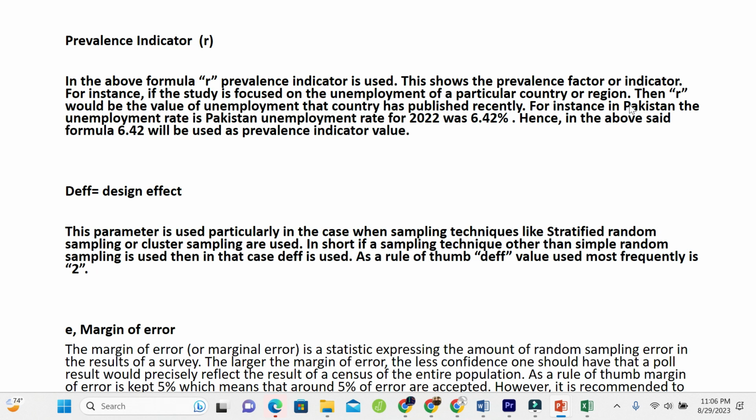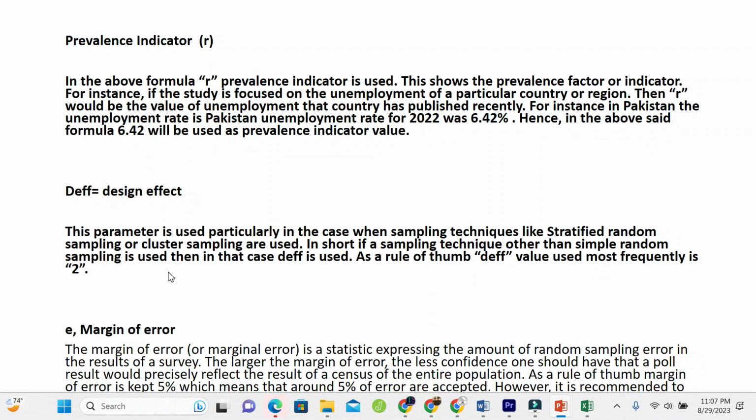For instance, the unemployment rate in Pakistan is around 6.42 as per the 2022 survey. So in this formula, if we are going to calculate the sample size for the prevalence factor, we will use the value 6.42.